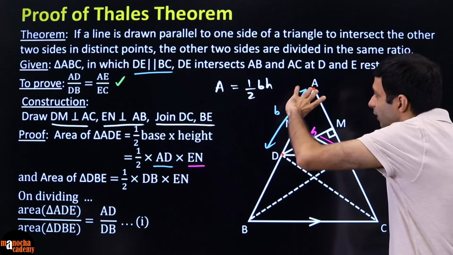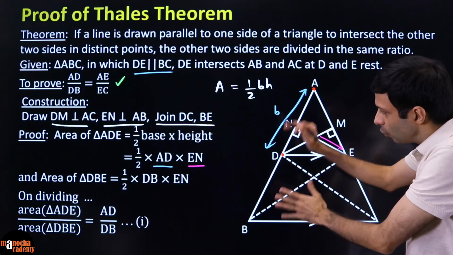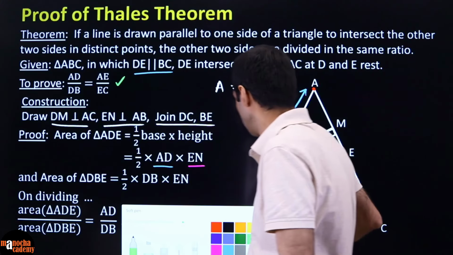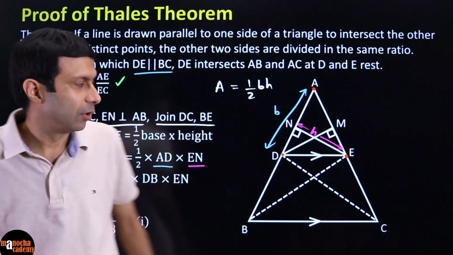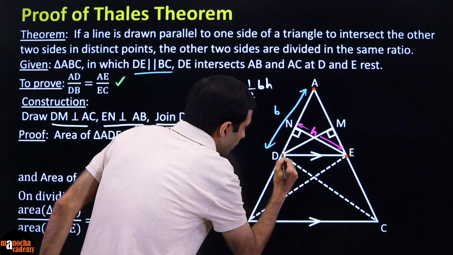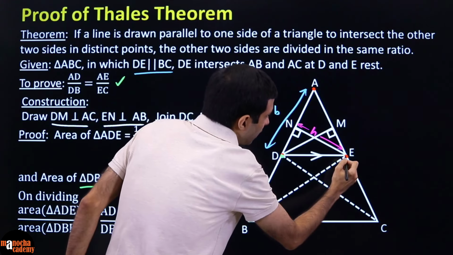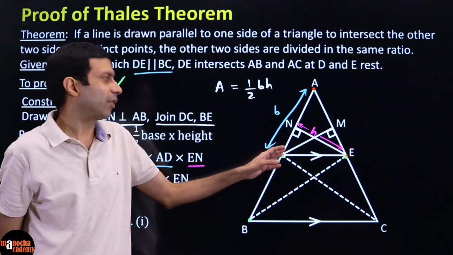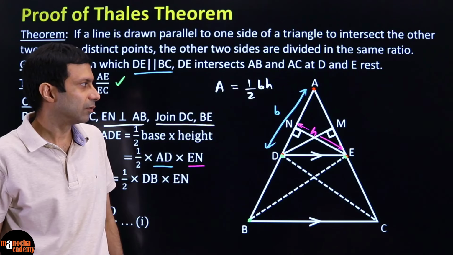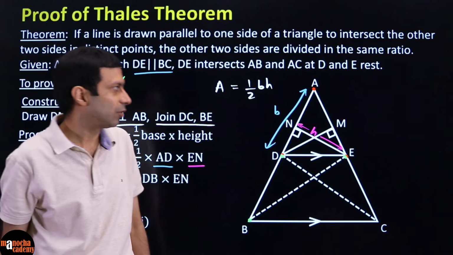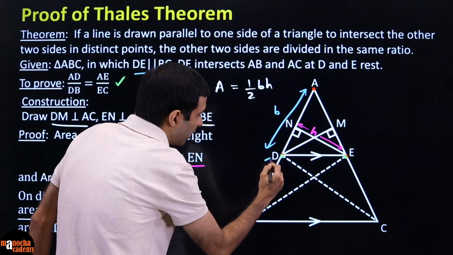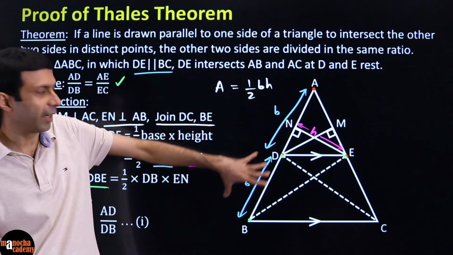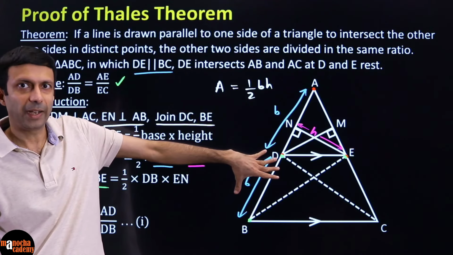Now, since I am interested in the ratio of AD to DB, I am going to shift my attention to the triangle below. Which triangle am I talking about? Triangle DBE. So we are going to look at the area of this triangle, triangle DBE this time. What will be the area of triangle DBE? If you carefully take a look, let's say DB is my base. If I make DB the base, what is the perpendicular height here?